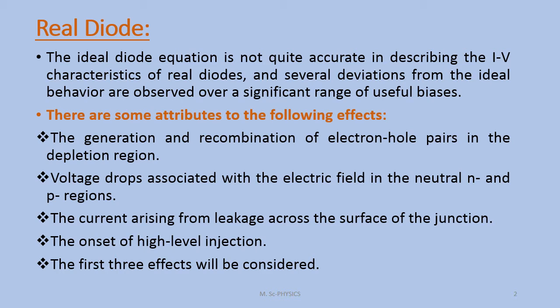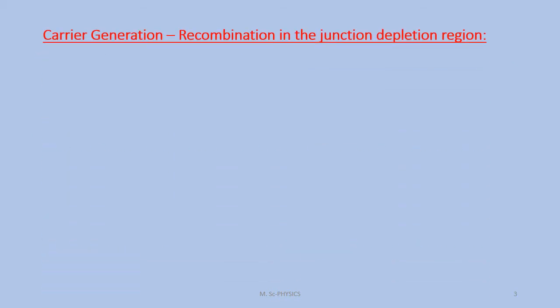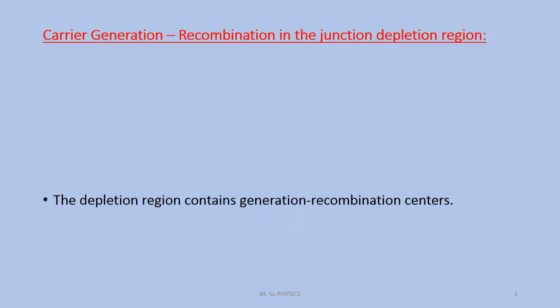The generation and recombination of electron hole pairs in the depletion region. We have to inject electrons and holes into the depletion region, between the P and N regions of a PN junction. There are some generation and recombination processes there. Next, carrier generation and recombination in the junction depletion region.